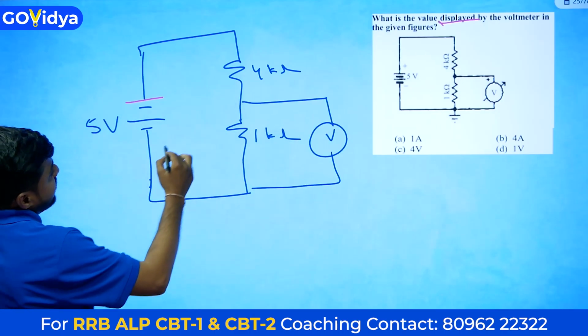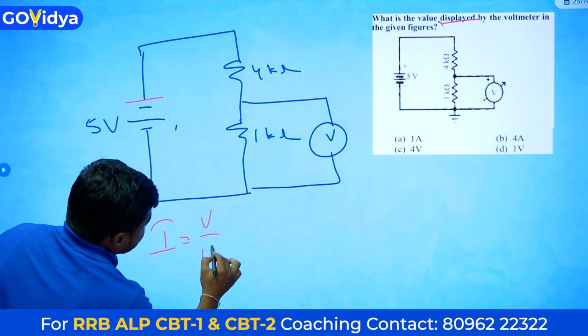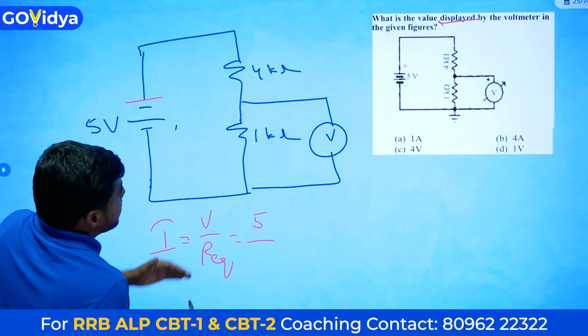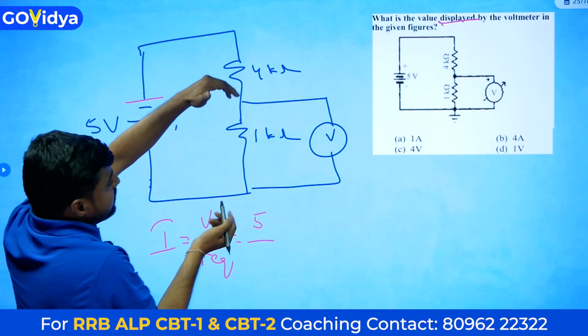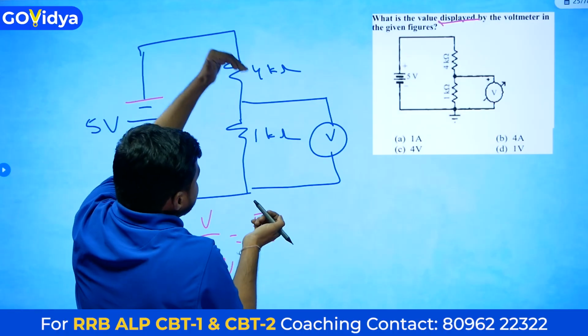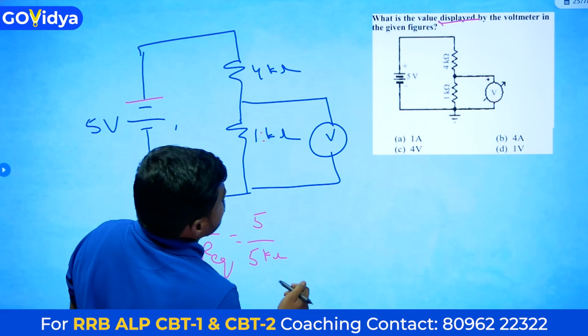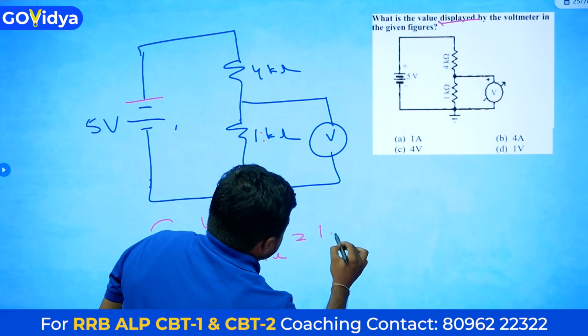Now we have to find the current. Current I is equal to V by R equivalent. V is 5, and R equivalent is 4 plus 1, 5 kilo ohm. So the current is 1 milliampere.